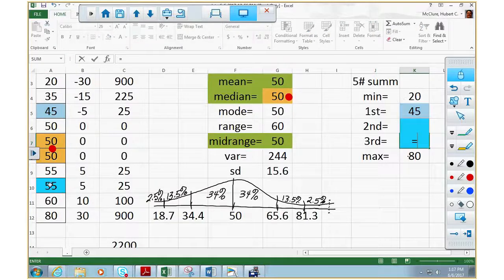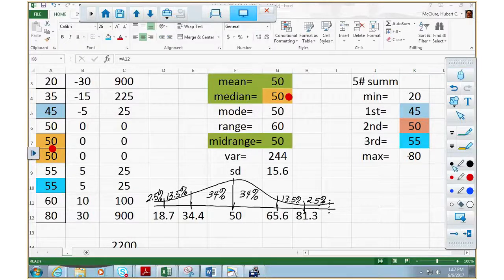And what do you draw first with your box plot? Do you draw your box first, or do you draw the number line first? You draw the number line first. The number line is made up of your min, your max, and your mid-range. Your min is 20. Your max is 80. And your mid-range is 50. Now you got to find the mid-range of these. Well, that's easy because they're base 10.